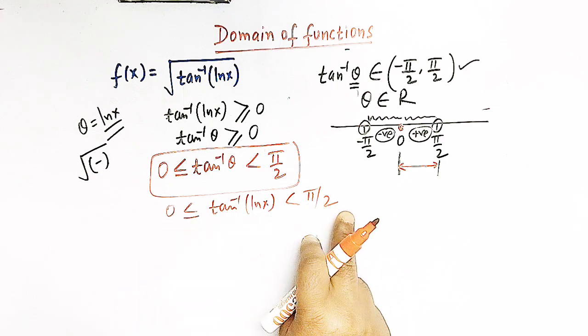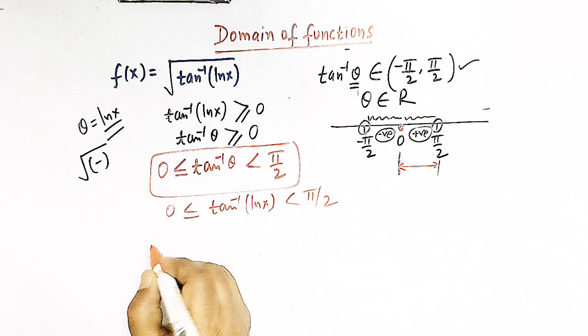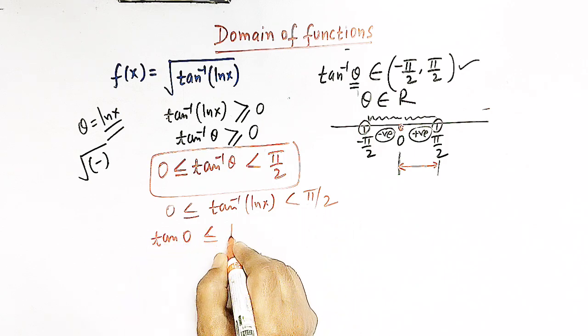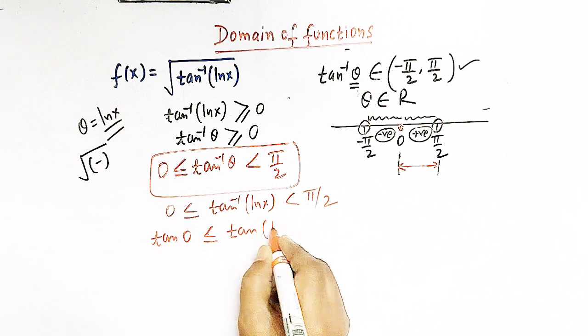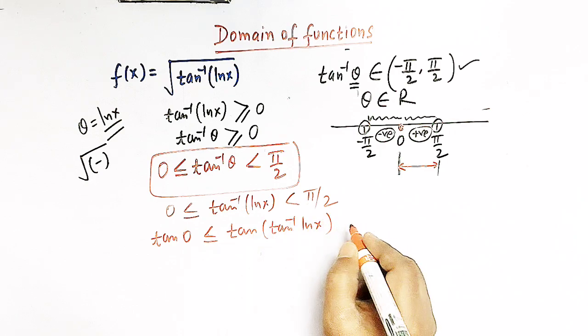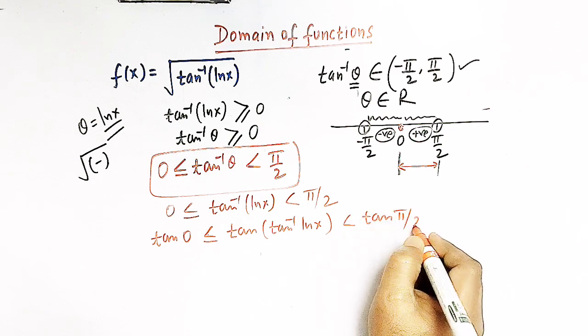Now taking the tan function of these three quantities, we have tan of 0, tan of tan inverse natural log of x, and tan of pi by 2.